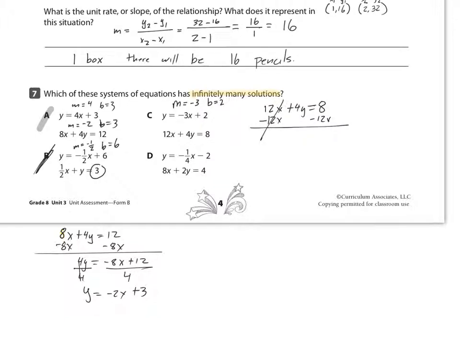This cancels, and now you're left with 4y is equal to negative 12x plus 8, and then you're going to divide by 4, and y is going to be equal to negative 3x plus 2, which is actually the same slope and same y-intercept. So your answer is C.